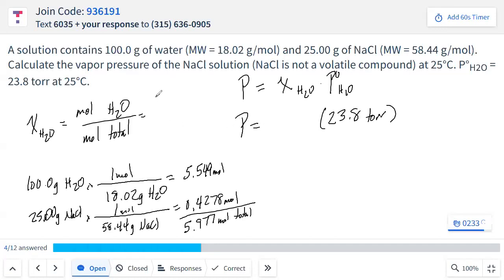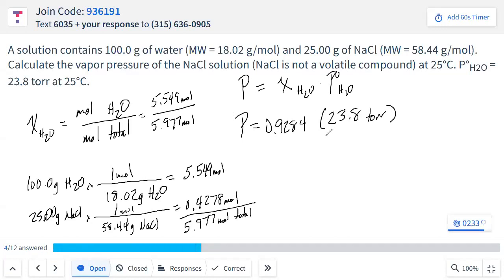So the mole fraction of water is 5.549 moles divided by 5.977 moles. 5.549 divided by 5.977, to four significant figures, is 0.9284.